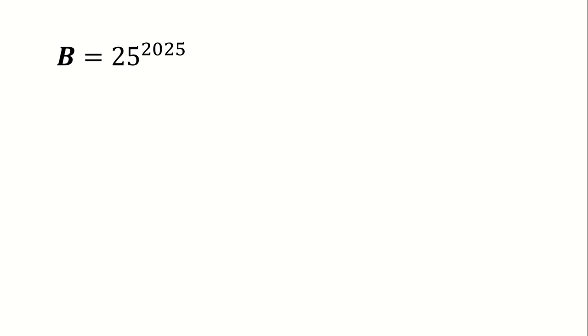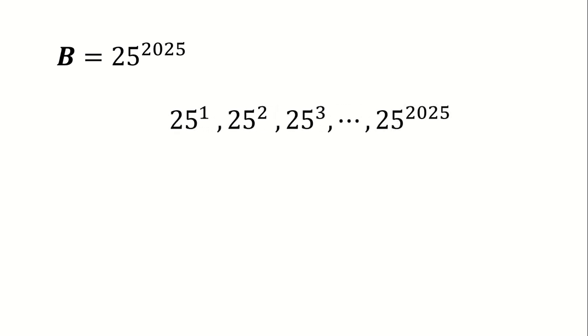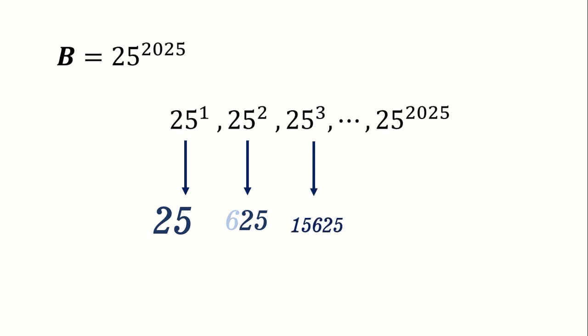Let's look at 25 to the power of 1, 25 to the power of 2, 25 to the power of 3, and so on, until 25 to the power of 2025, and find their two rightmost digits. 25 to the power of 1 is 25, so the rightmost digits are 25. 25 to the power of 2 is 625, and the two rightmost digits are 25. 25 to the power of 3 is 625 times 25, which is 15,625, and the two rightmost digits are 25.